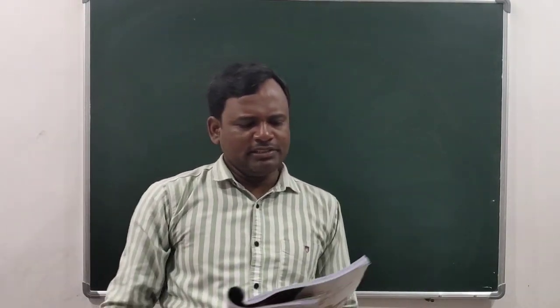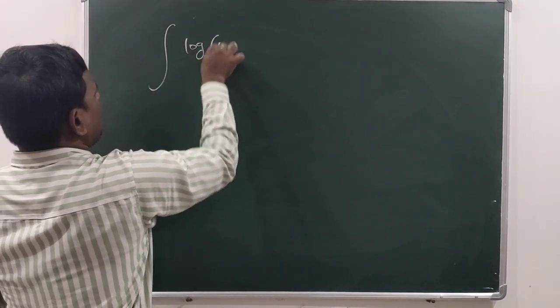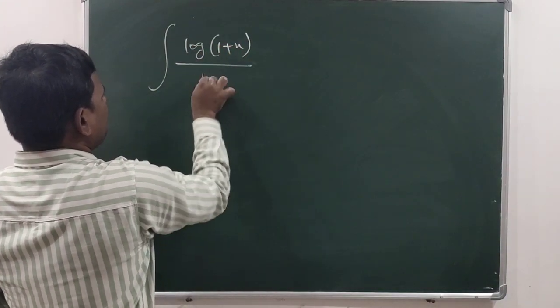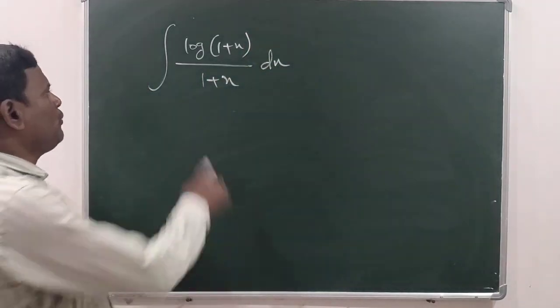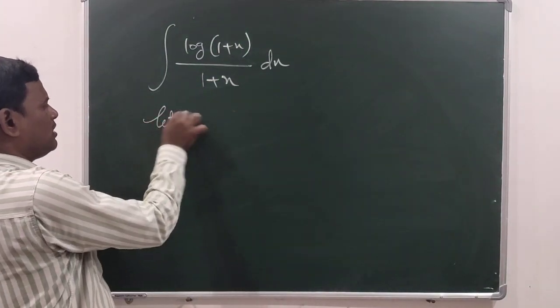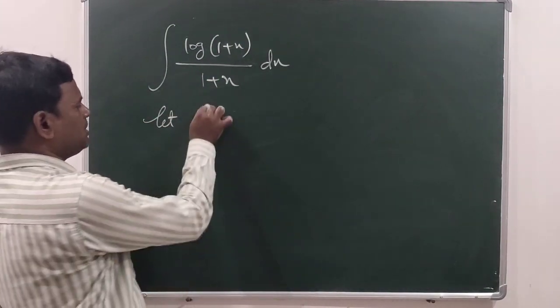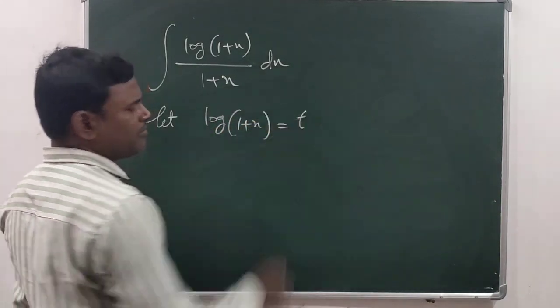Right? See this, integral of log of 1 plus x by 1 plus x dx. Now how do you find whose integration? So this one also we are going to answer by substitution method. What is the substitution here? Log of 1 plus x equal to t.